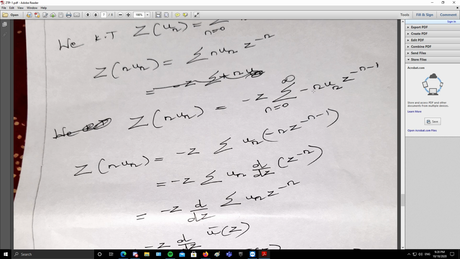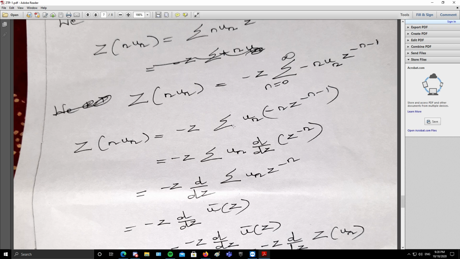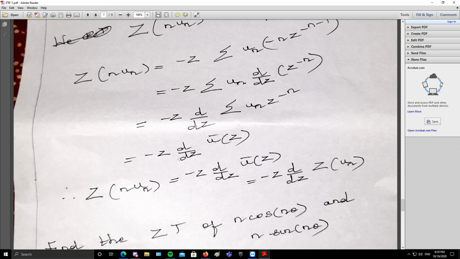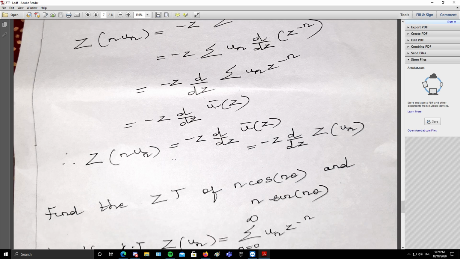Now within the summation, it is summation un into -n z^-(n-1). This bracket term is the same as d by dz of z^-n, or minus d by dz of summation un z^-n, or u bar of z. So on the left side, Z of n un is minus z d by dz of u bar of z, or minus z d by dz of Z of un.